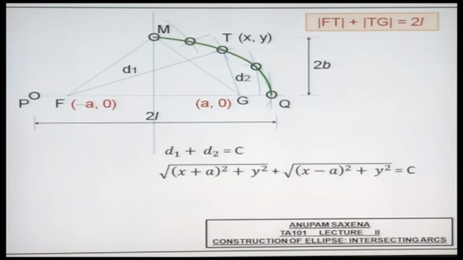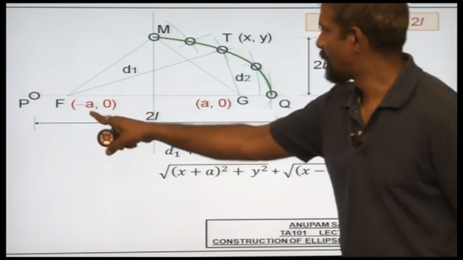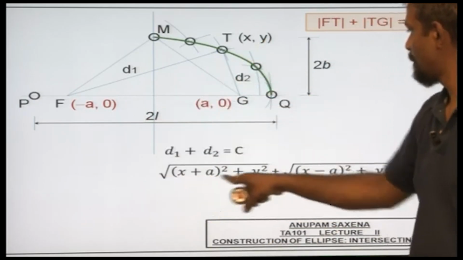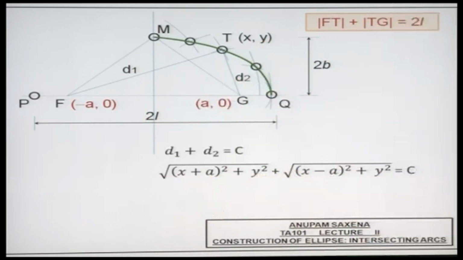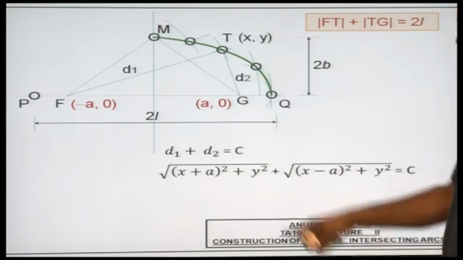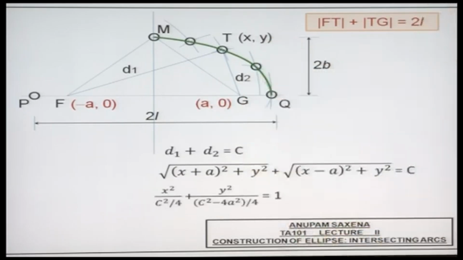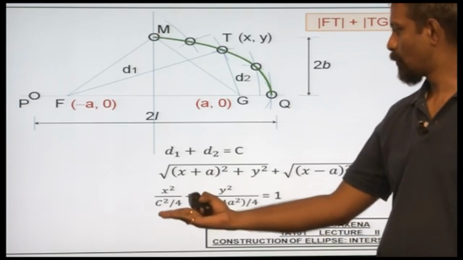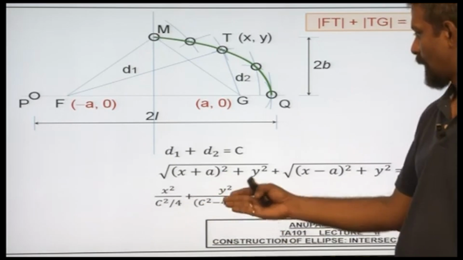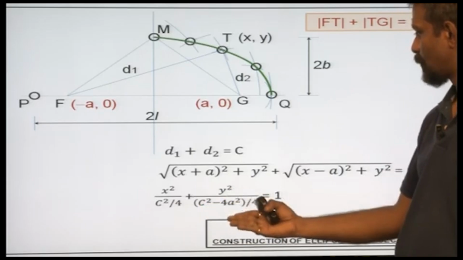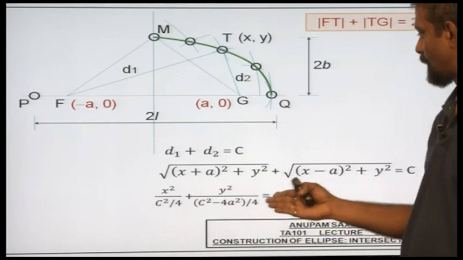And if I do a little bit of algebra, d1 essentially would be the square root of (x plus a) the whole squared plus y squared, and d2 will be the square root of (x minus a) the whole squared plus y squared, and that's equal to a constant. With a little bit of algebra, I'll get this equation: x squared over c squared over 4, plus y squared over (c squared minus 4a squared) over 4, is equal to 1.